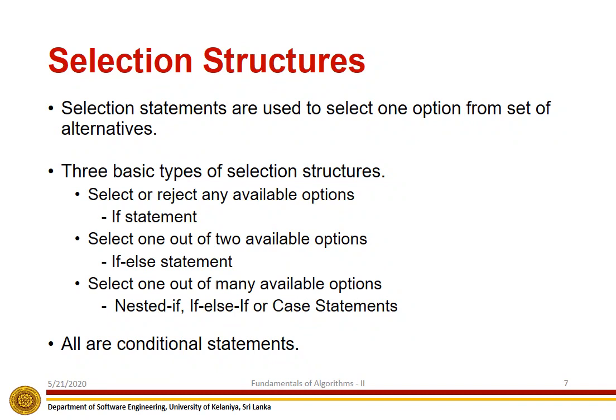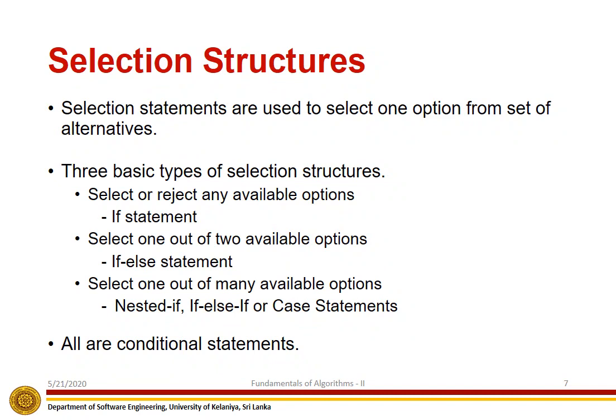We have three types for that in here. First one is nested if statements, or we can use if else if statements, or otherwise case statements. And these all are conditional statements. Conditional statements means according to the conditions program flow is happening.